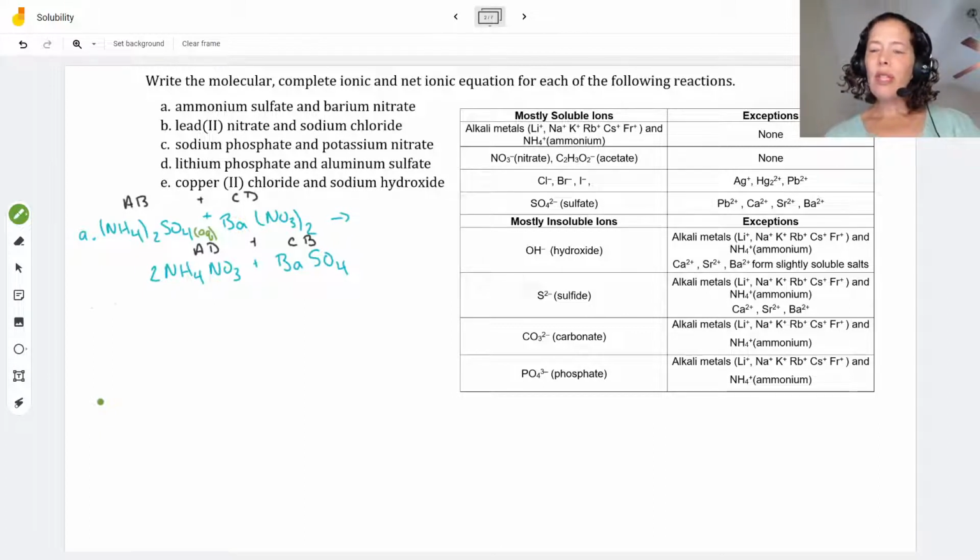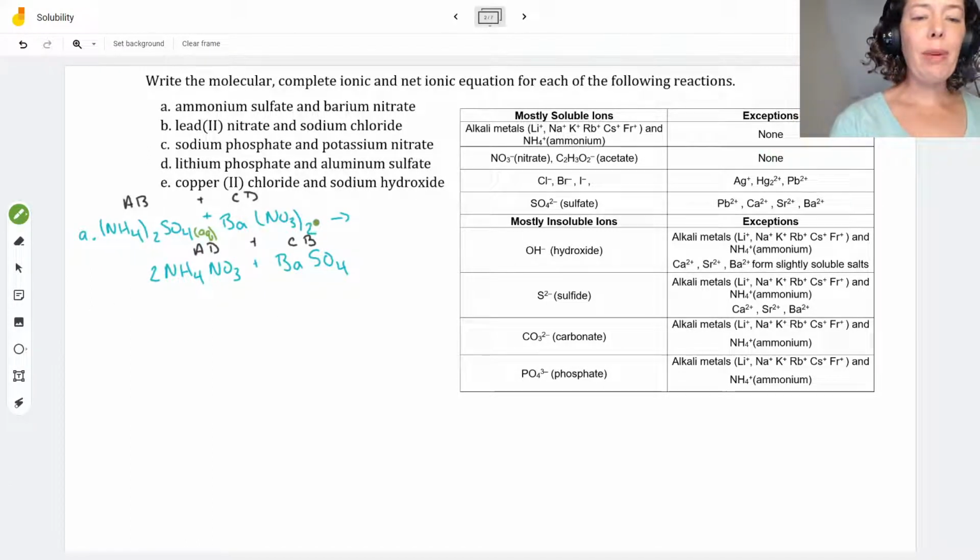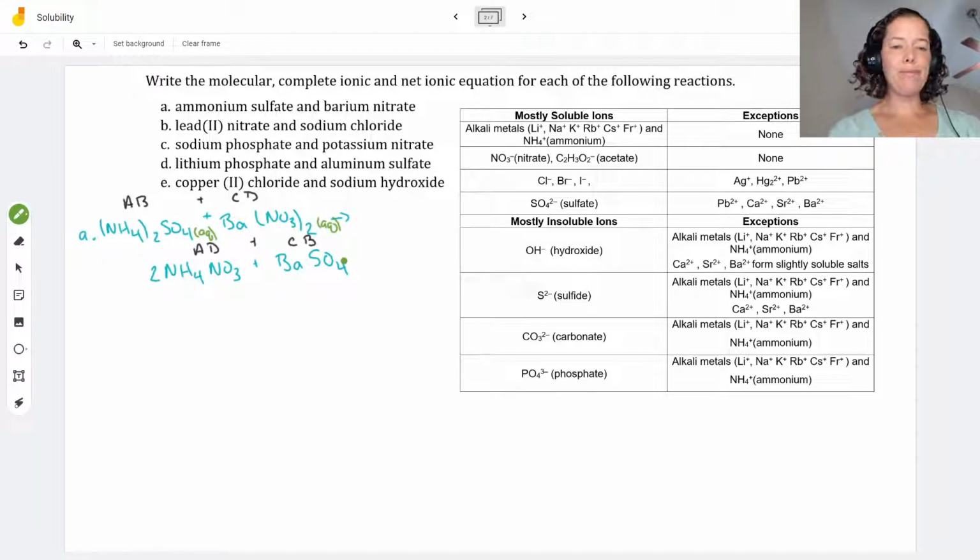Usually these are done by anions, but you can look at cations as well. I'm not seeing any rules for barium that really pop out, but nitrate definitely has a rule. It is mostly soluble. There are no exceptions, meaning anything that is an ionic compound with nitrate is going to be soluble. Hence, barium nitrate is going to be soluble, and I am going to put an AQ there.